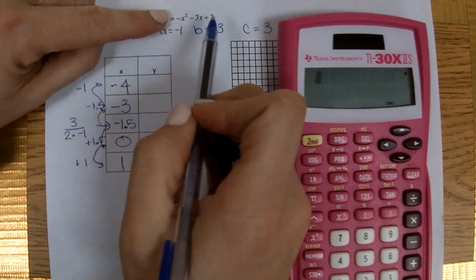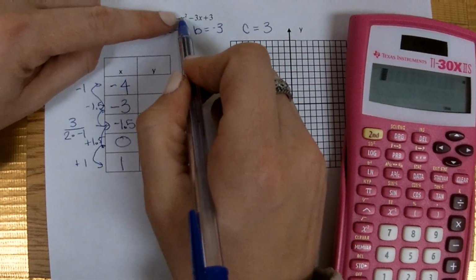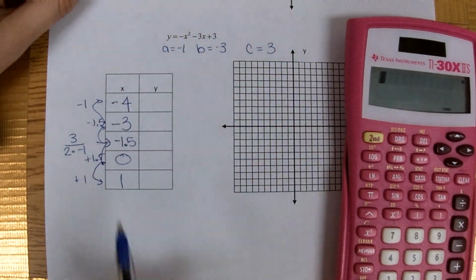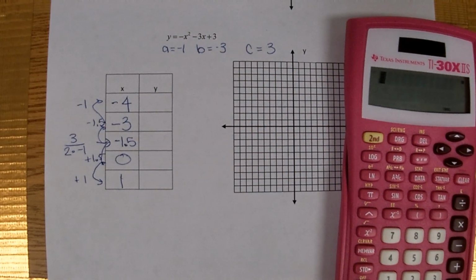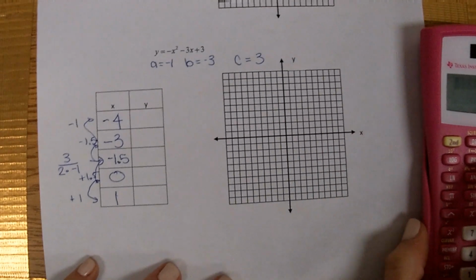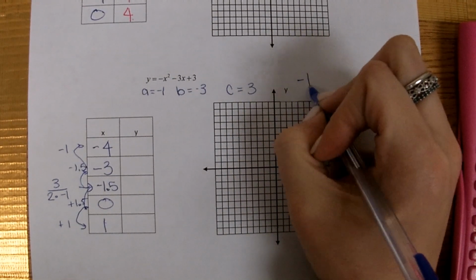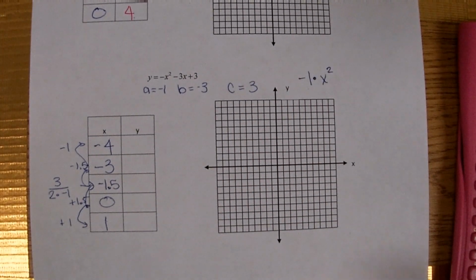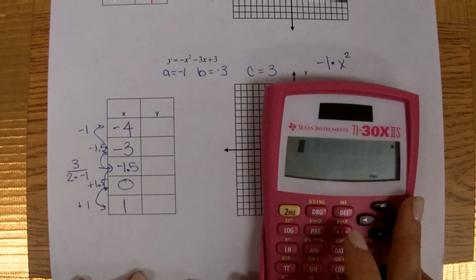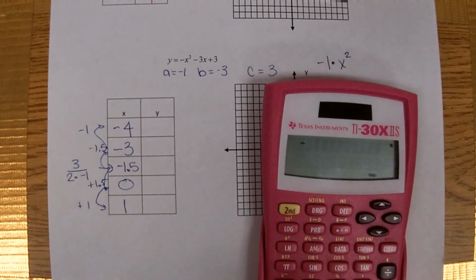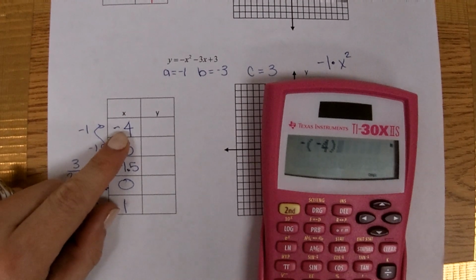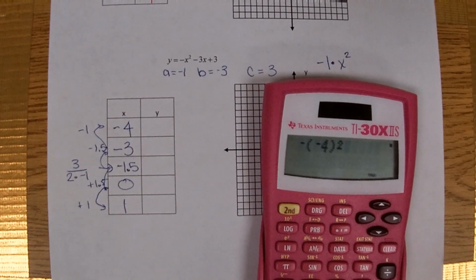Now, we have to be careful here because we are plugging this -4 in for x. The negative is happening in front of that x squared, right? So you could sort of think of this problem as saying -1 times x squared minus 3x plus 3. So when we plug this into the calculator, the negative is happening outside of the parentheses, and the -4 is happening inside of the parentheses.